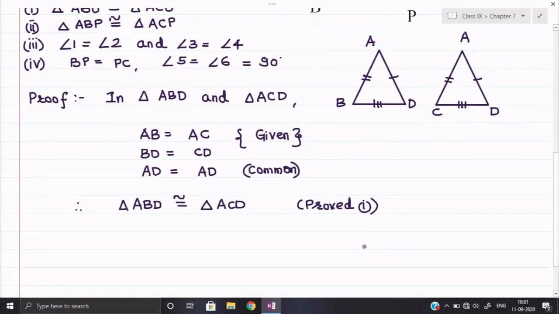In the second part, what they are asking? Triangle ABP and triangle ACP. So now we shall write down in triangle ABP and triangle ACP. Okay, once again we shall draw the two triangles over here.